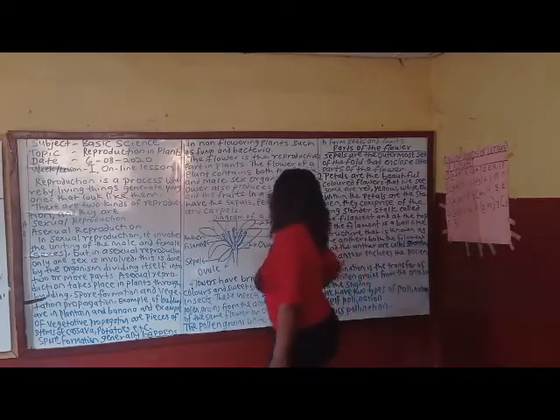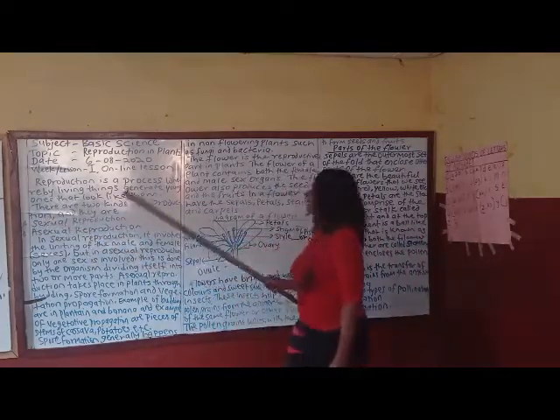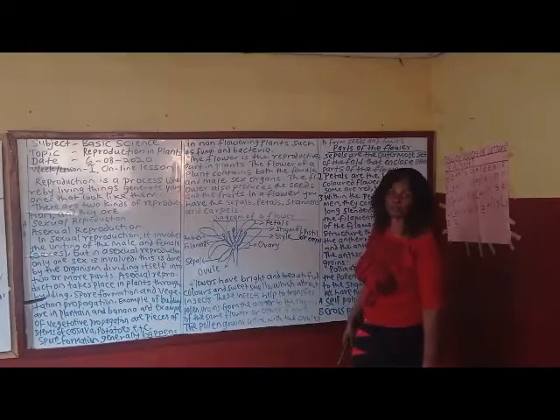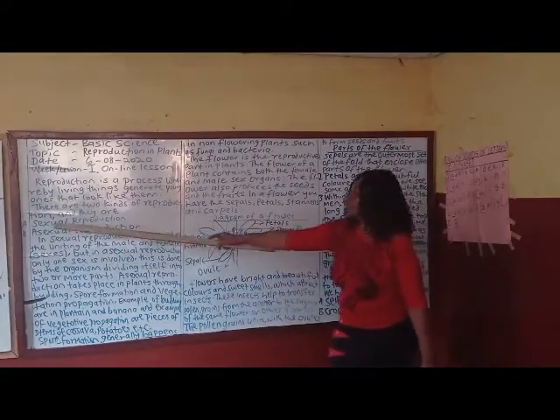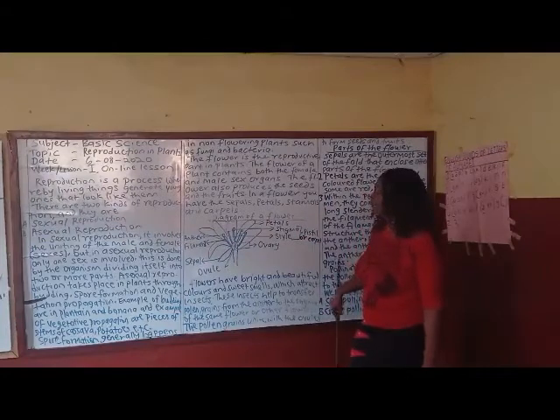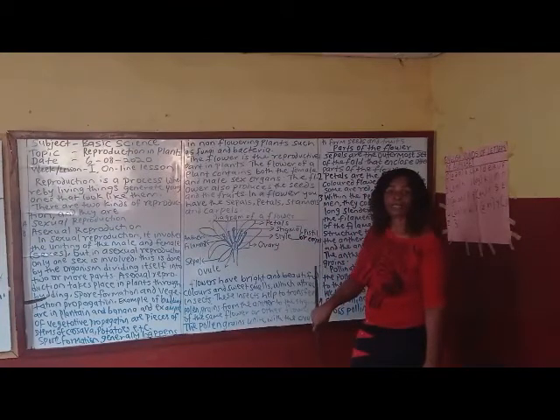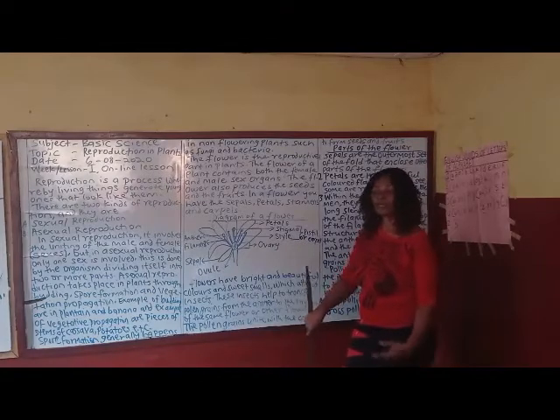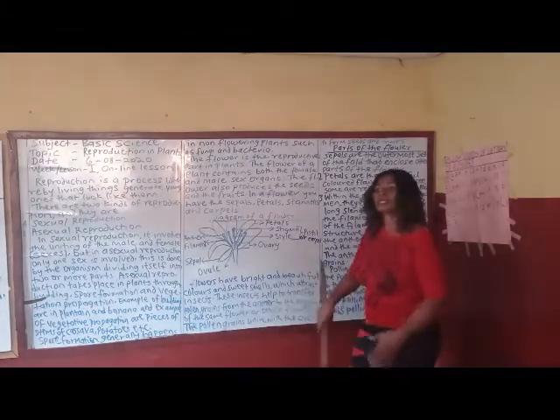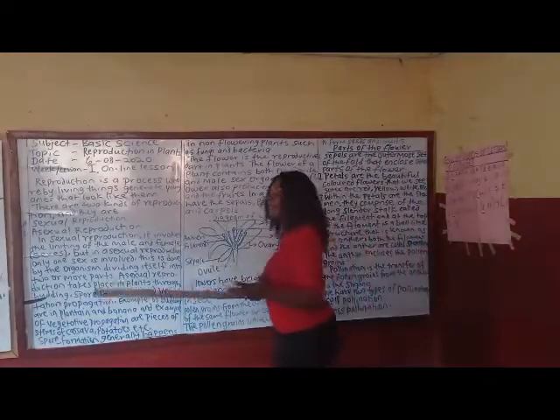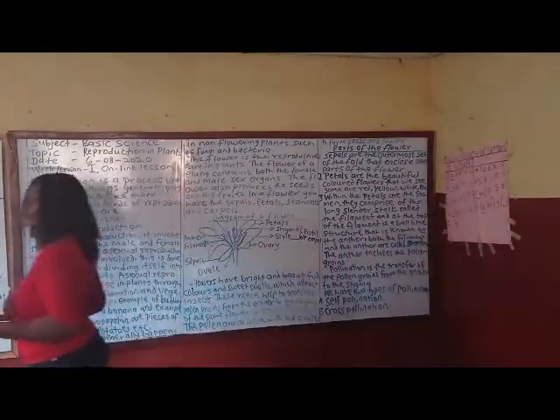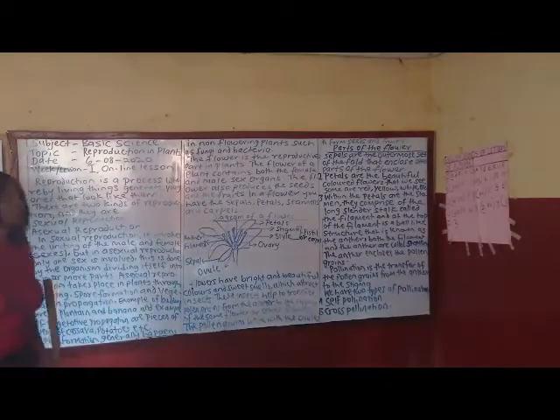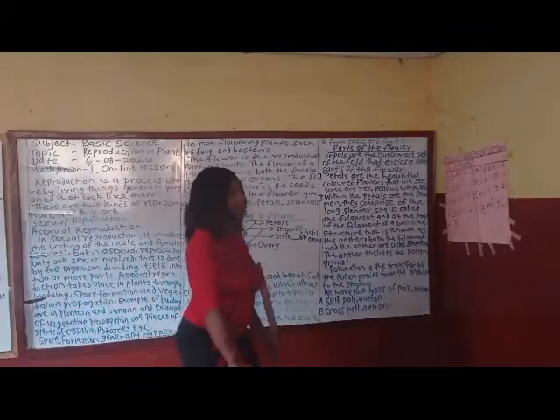Then we also have two different types of reproduction. A, sexual reproduction, and B, asexual reproduction. Sexual reproduction is the type of reproduction that human beings, animals like dogs, goats, and so on and so forth have.